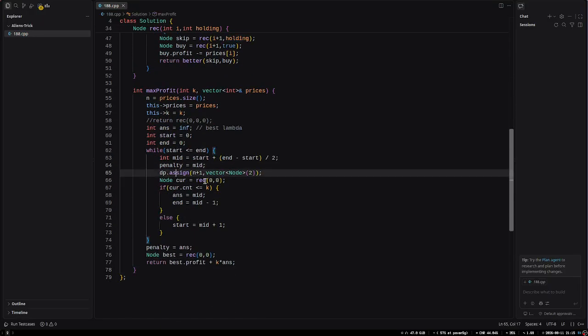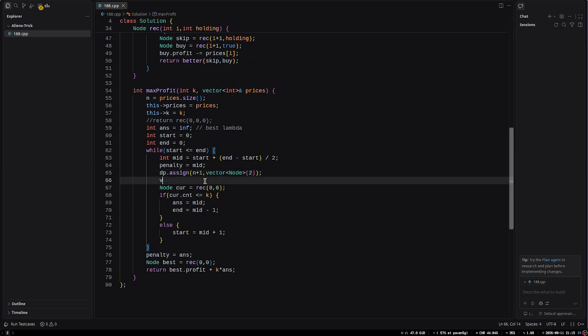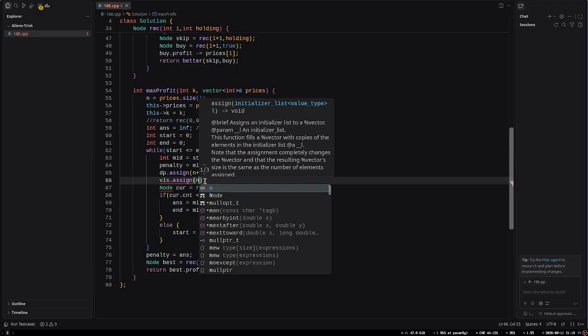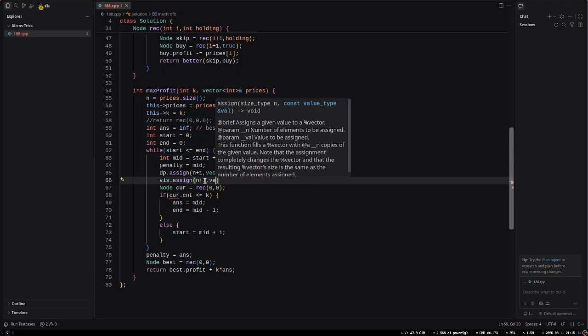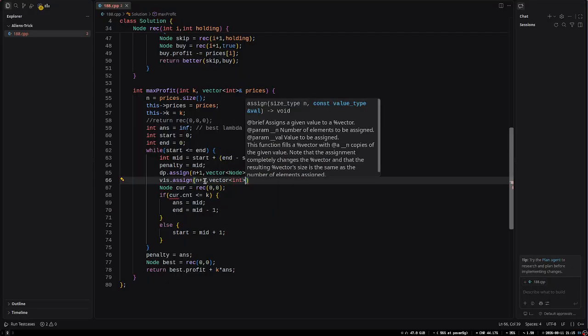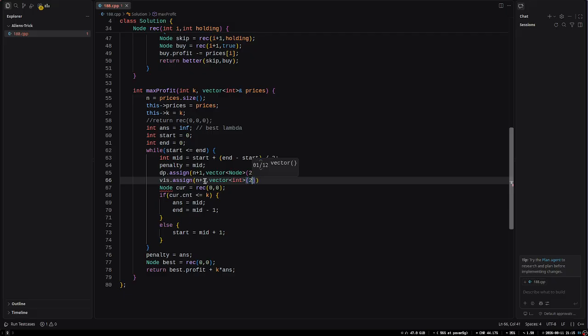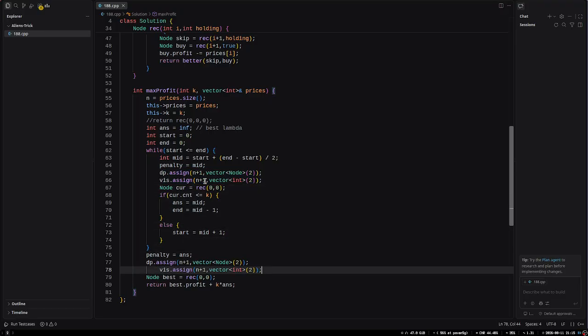So now the dp array doesn't matter. Visited dot assign. We would maintain whether this particular state is visited or not. Vector int 2, and the same thing here before calling this recursion also.